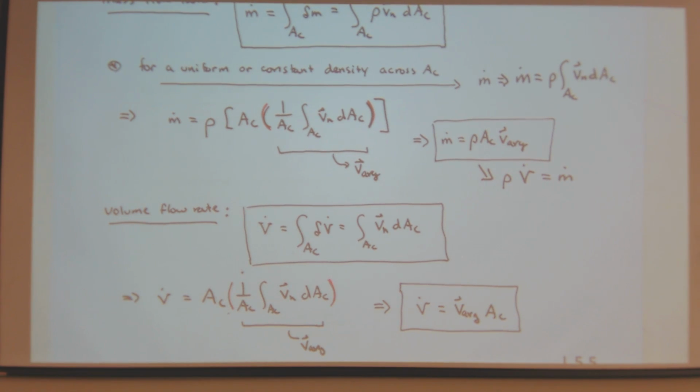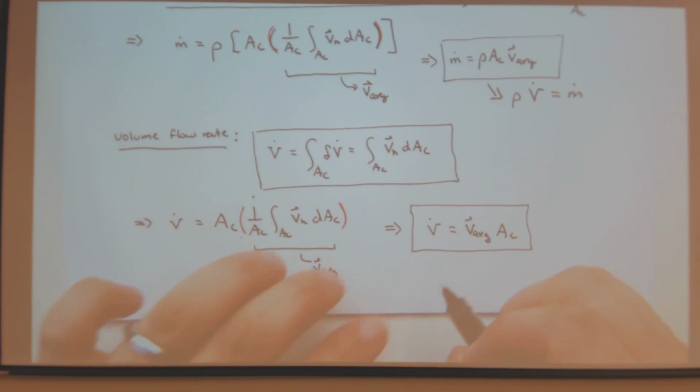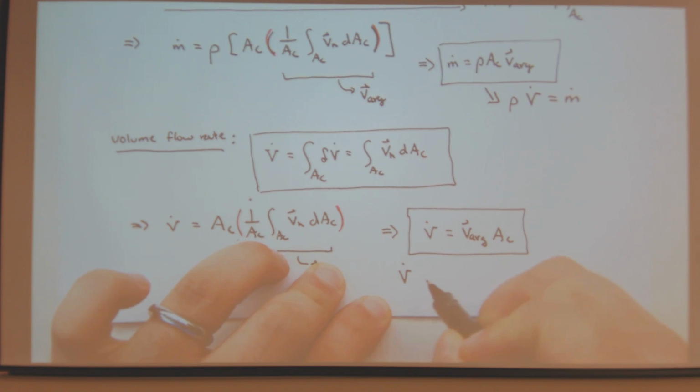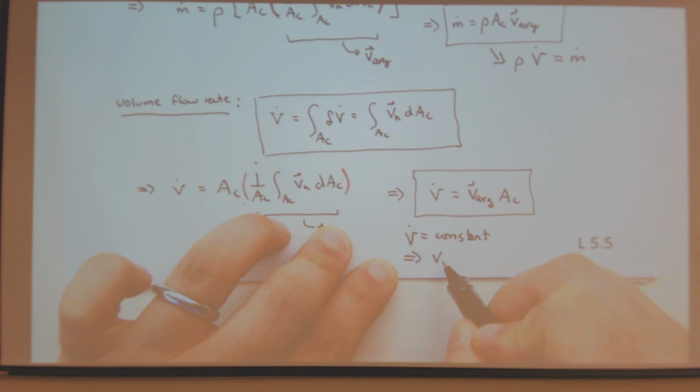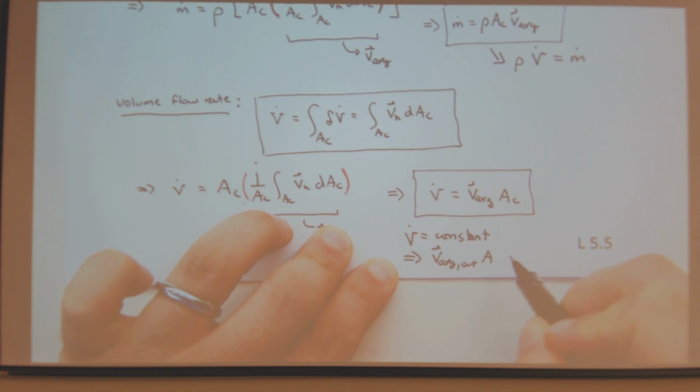If the volume flow rate in and out of my system is constant, just an application, V dot equals constant, that implies that V average out times AC out equals V average in times AC in.